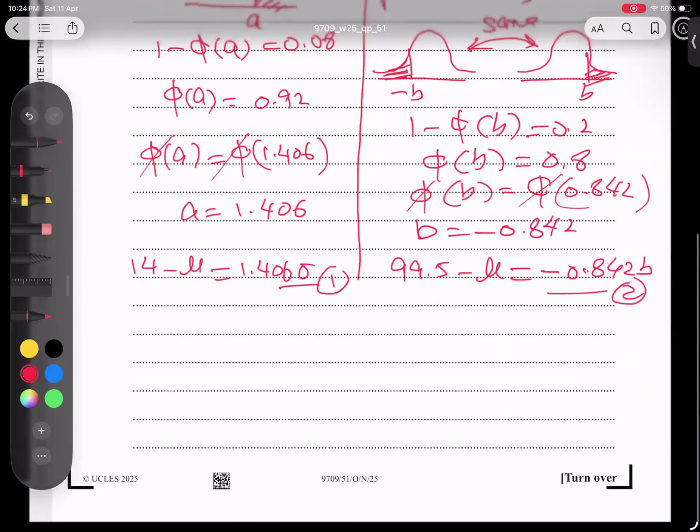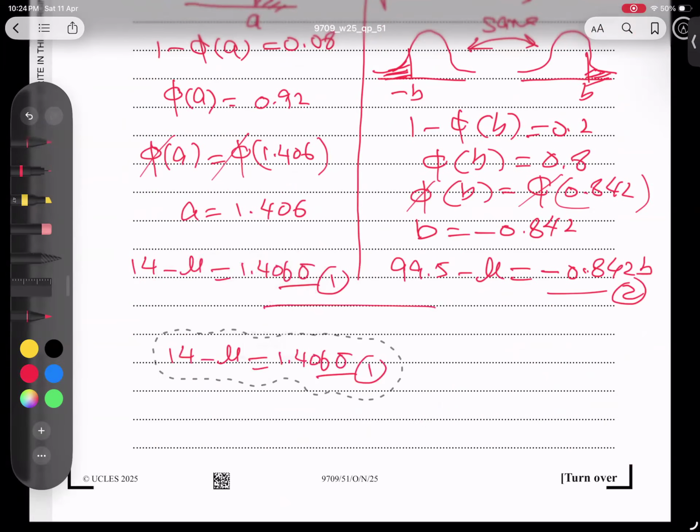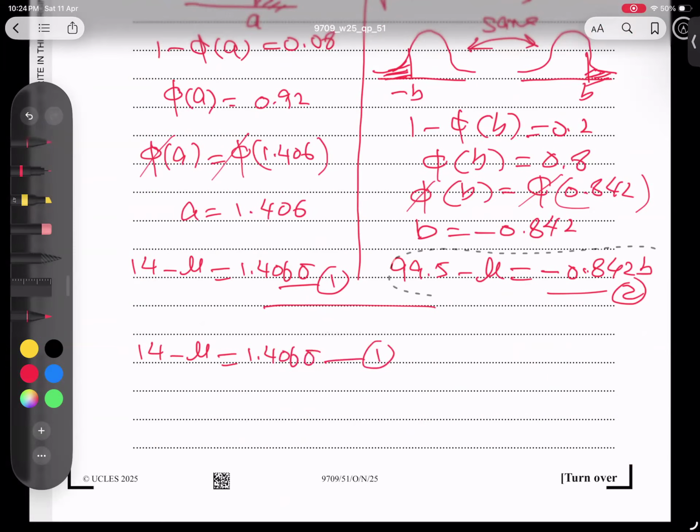So we are doing from here further. So this equation I'm copying and pasting here. And this equation I'm going to copy and paste here.